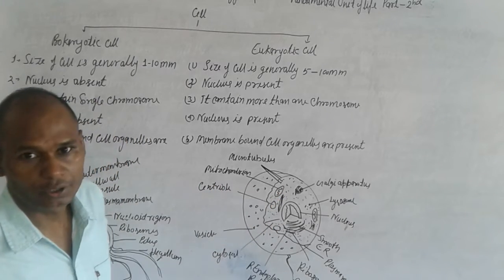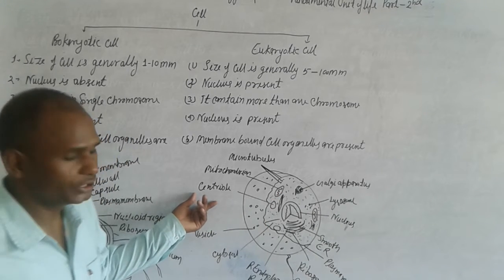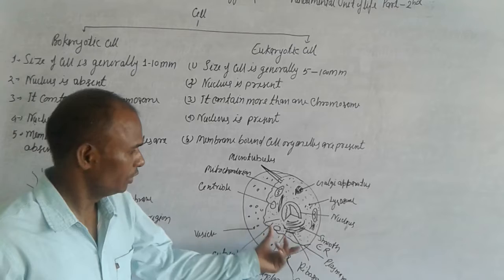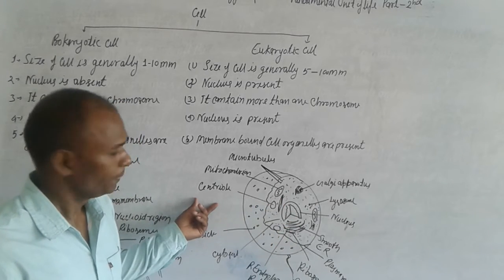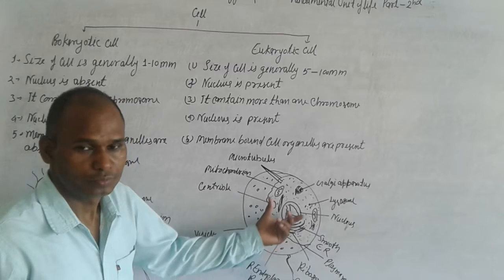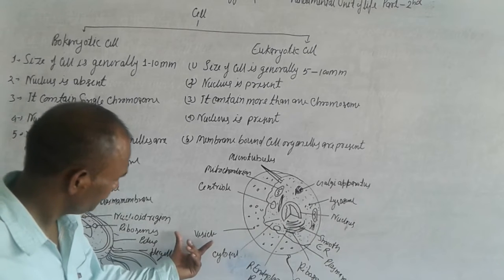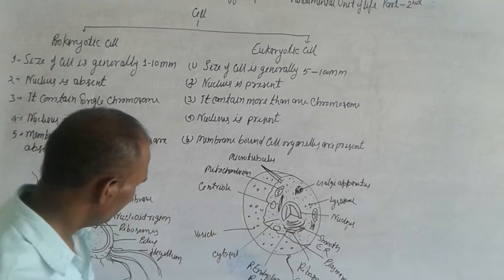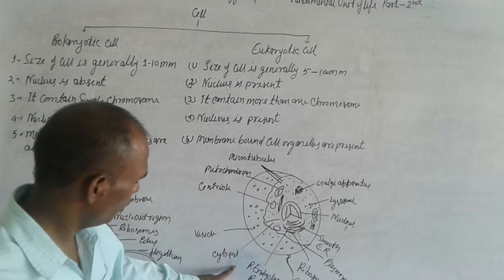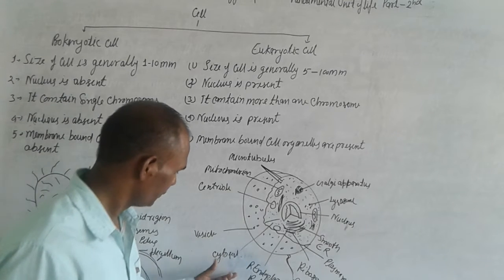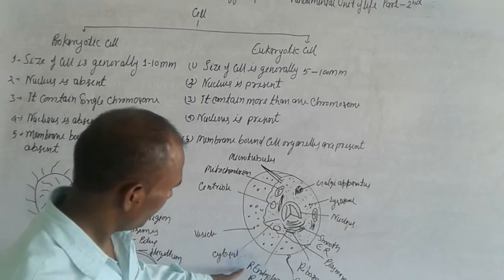We will discuss all parts in the next video. This is the centriole, and these are the vesicles, and this is the cytoplasm, and this is the endoplasmic reticulum.